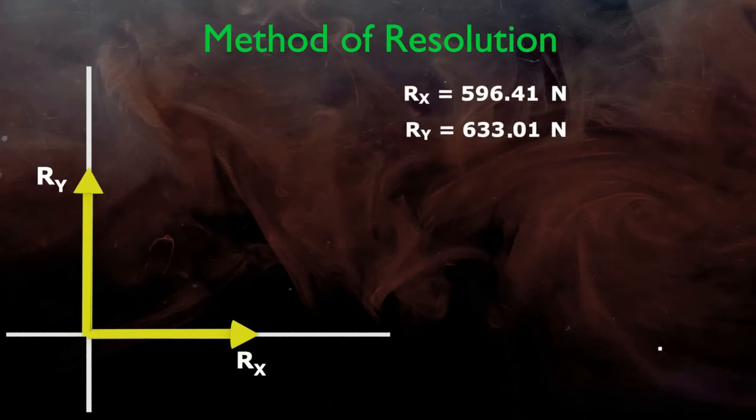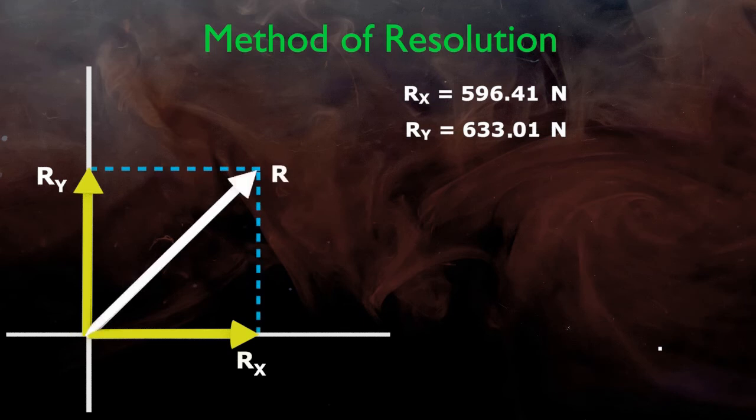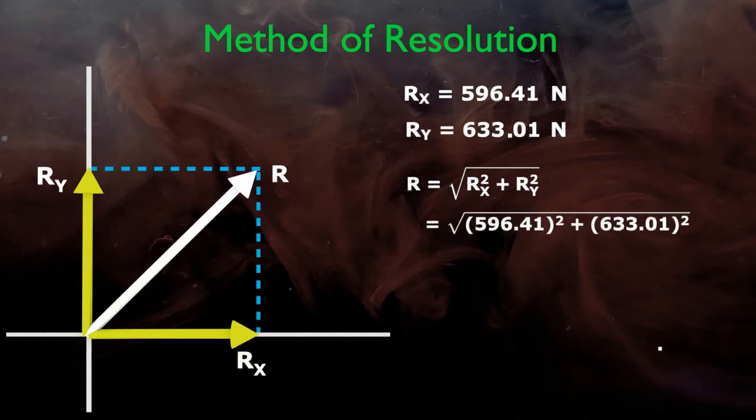So here we get two perpendicular forces acting on the bracket, which can be considered as sides of a parallelogram. So the resultant force R of these two forces Rx and Ry is the square root of Rx square plus Ry square. Put the values and we get R equal to 869.72 Newton.